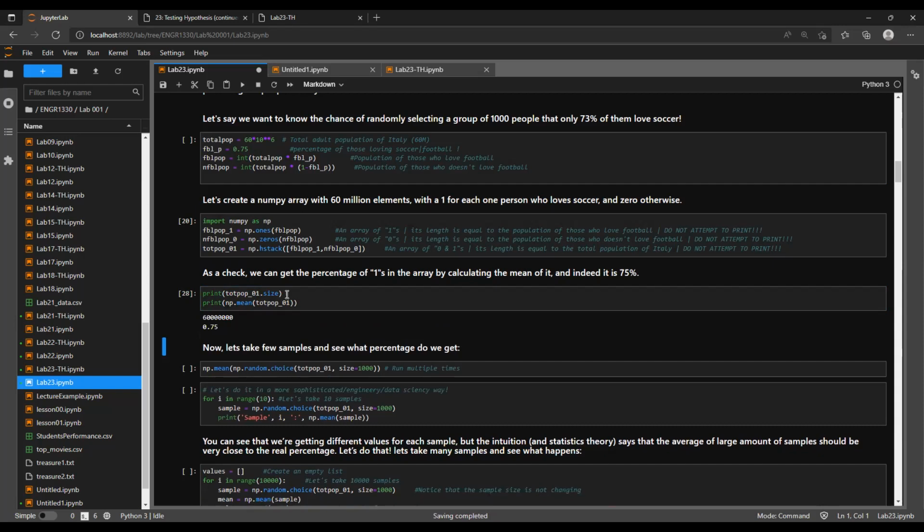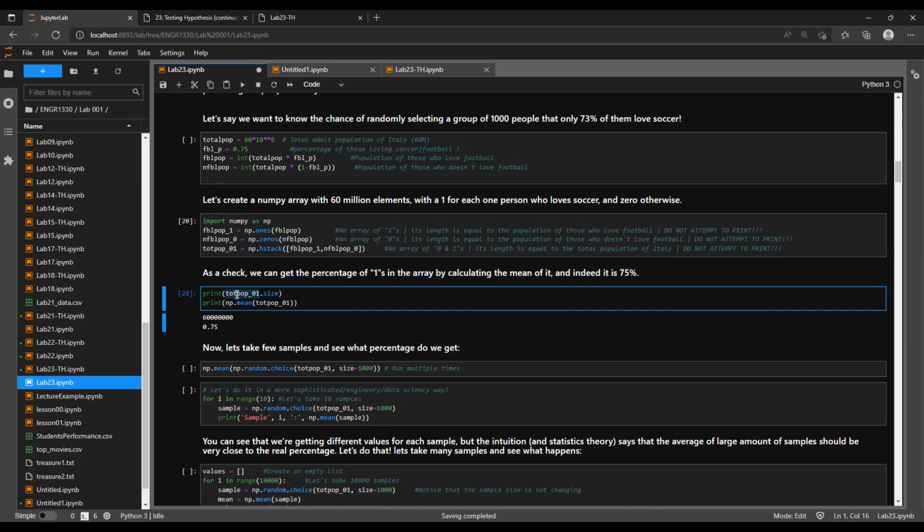So I've given you half the answer. What kind of thing is this? What I have highlighted here, total population. What is it? It's an array of length 60 million full of 1s and 0s. Yes. The only thing I would say is that it's not an array.